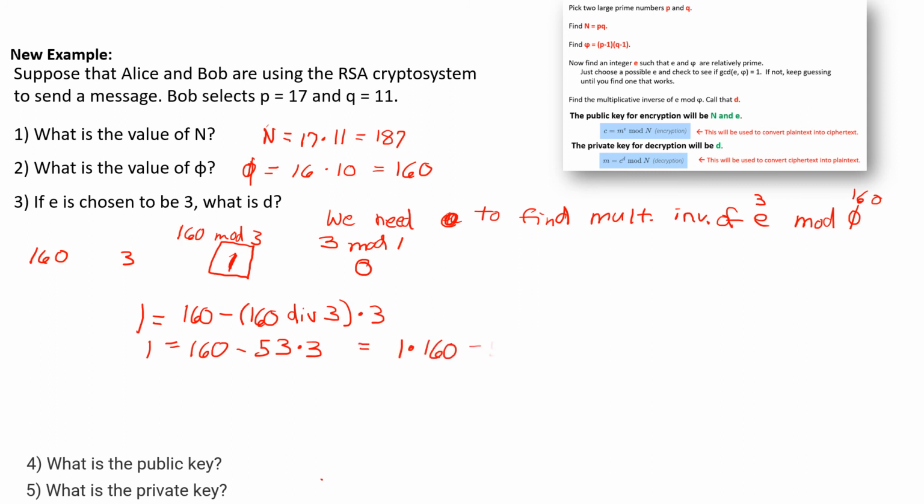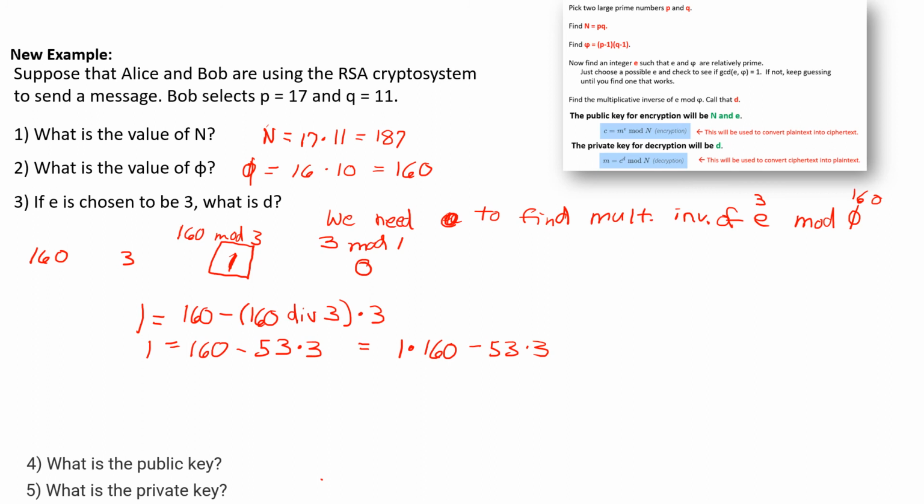Let's write it so that we can see clearly what those two numbers in front of the two original numbers, 160 and 3, are. So we see that we have a 1 in front of the 160 and a negative 53 in front of the 3. Now we need to find which one is our S that we're going to use to find D, right?